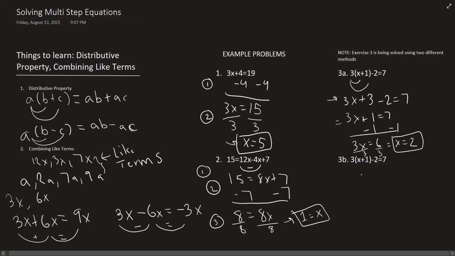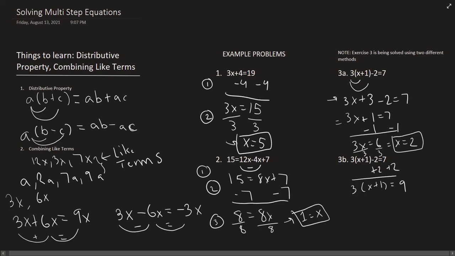In this last one, we're going to go with a slightly different approach. You see this minus 2, right? We can undo that by using the addition property of equality. If we do plus 2 on both sides, we will get 3 times (x plus 1) is equal to 9. You don't have to distribute it here. There's another way you can get this 3 out of here.